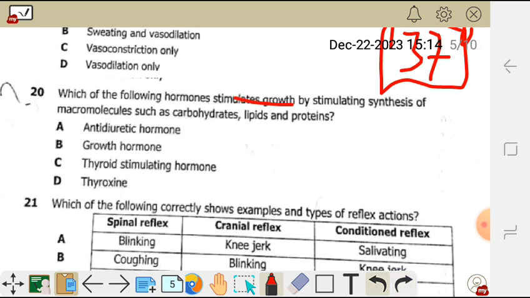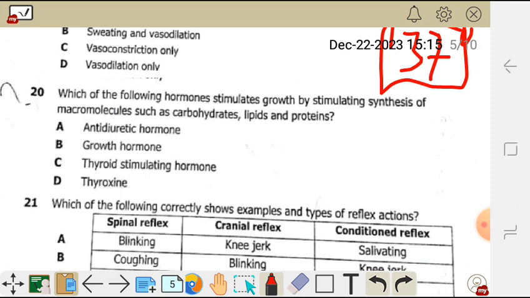So which of the following hormones stimulates growth by stimulating synthesis of macromolecules such as carbohydrates, lipids, and proteins? Thyroxine is involved in metabolism. Growth hormone stimulates growth.